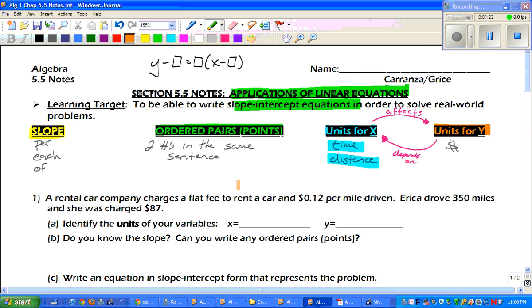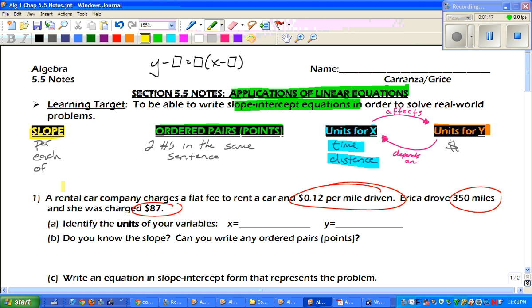All right, so let's go through and look at problem number 1. It says a rental car company charges a flat fee to rent a car of, anytime I see some numbers, I'm going to start circling them, $1.20 or 12 cents per mile driven. Erica drove 350 miles and she was charged $87.